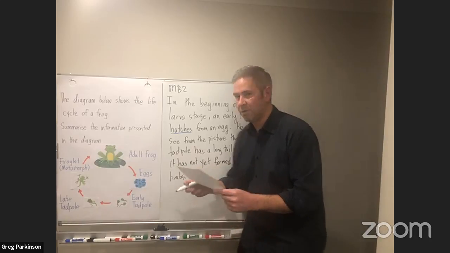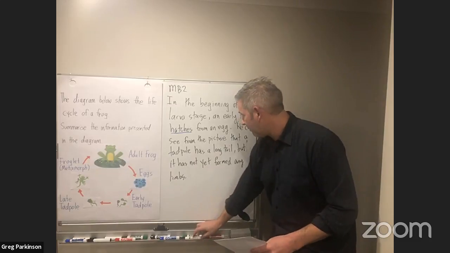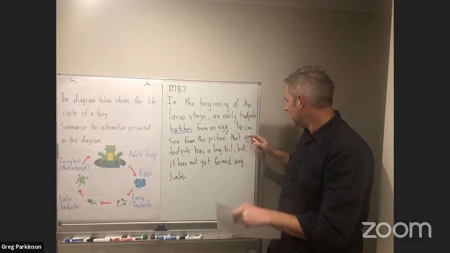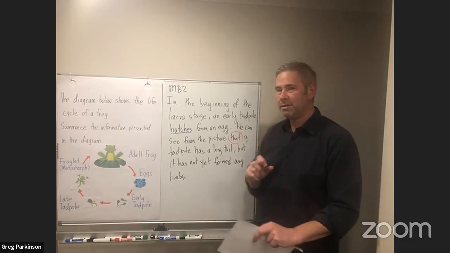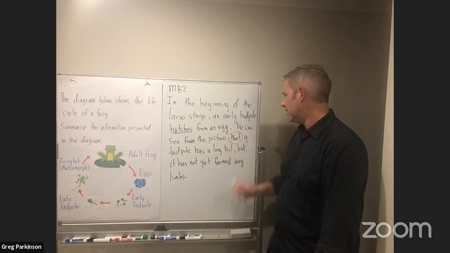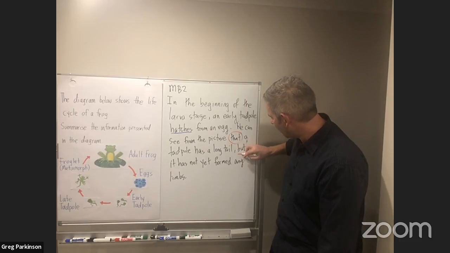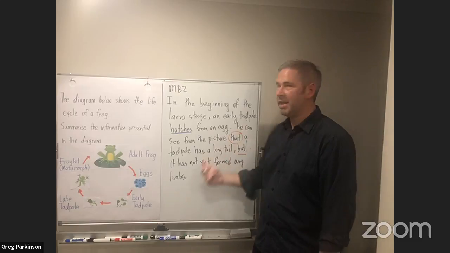Now, if you saw my webinar on compound complex sentences, hopefully you can recognize this as a compound complex sentence. So we have our conjunction here, so it's a relative pronoun. We can see from the picture that the tadpole has a long tail, and here's another conjunction, but it has not yet formed any limbs, right?